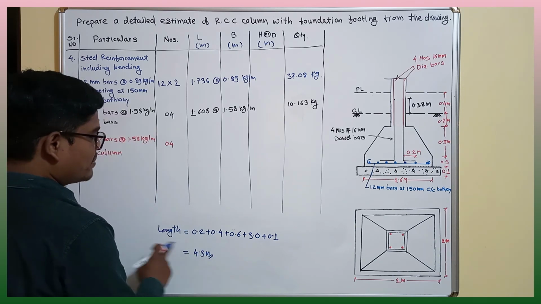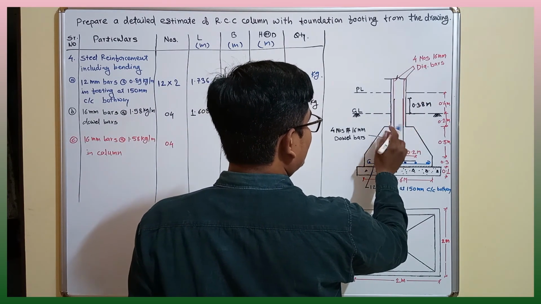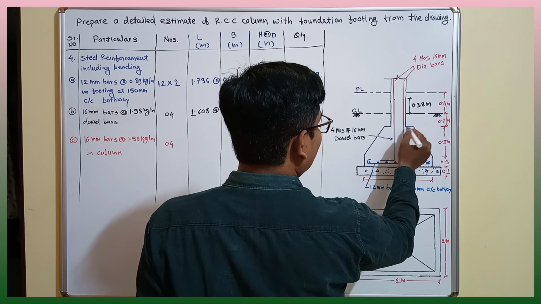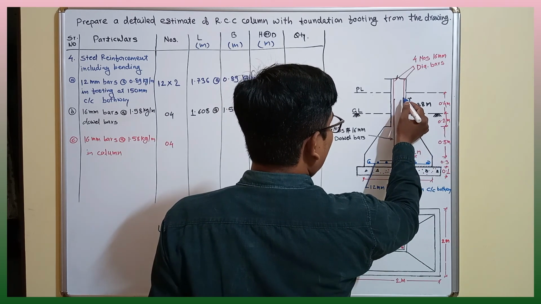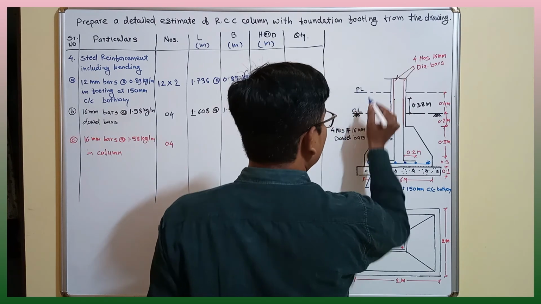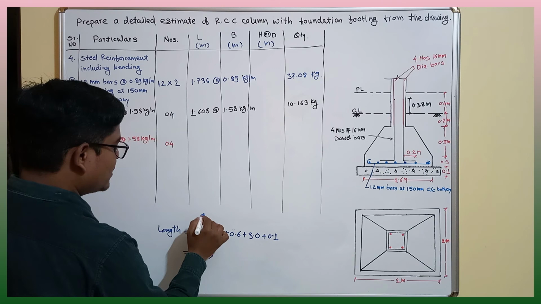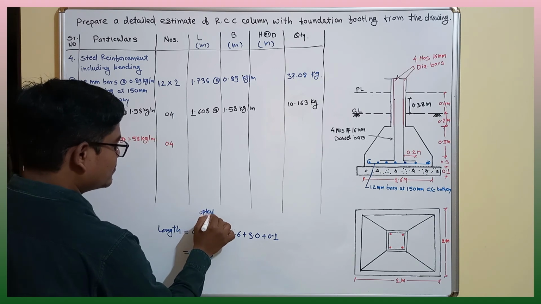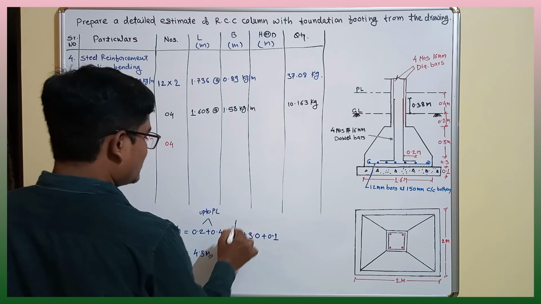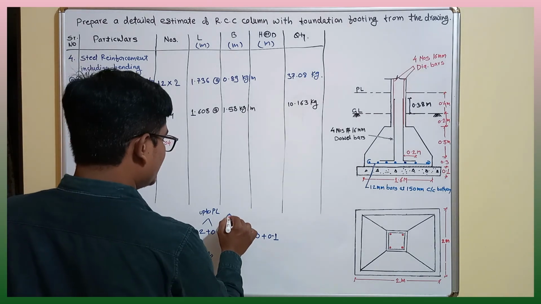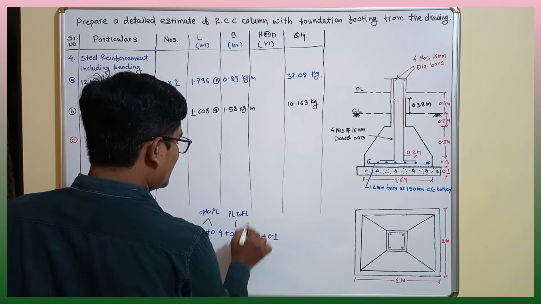So again I will repeat this. So see here, these vertical bars start from this offset. So 0.2 and 0.4 up to the plinth level. This is up to the plinth level. Plinth level to floor level.